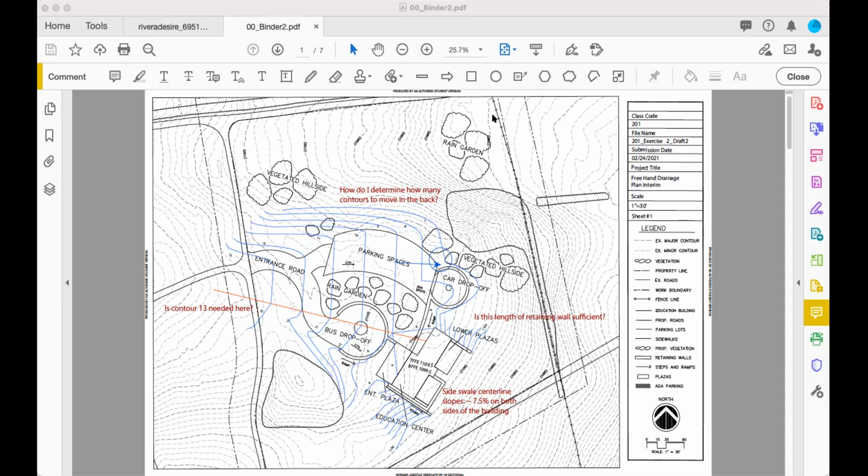So how do we start doing that? We'll do it one at a time, right? After this point, we don't need any rain gardens anymore. I think we would need something here, not necessarily there, because that's pretty steep.